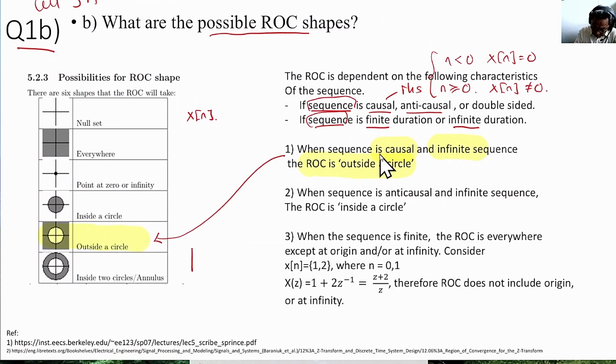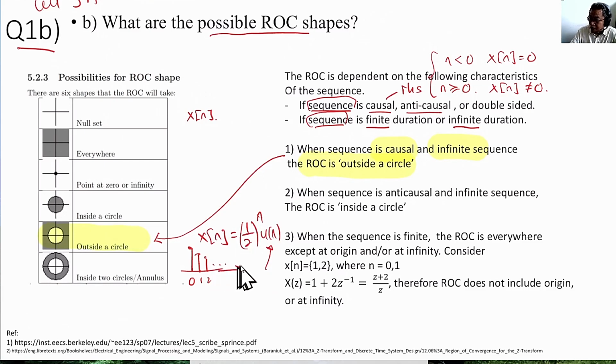So I'll give you a causal sequence now: 0, 1, 2, and then it lasts forever for n. This x[n], for example, is (1/2)^n u[n]. The u[n] makes it causal, and then (1/2)^n for all positive values of n will be some value not equal to 0.